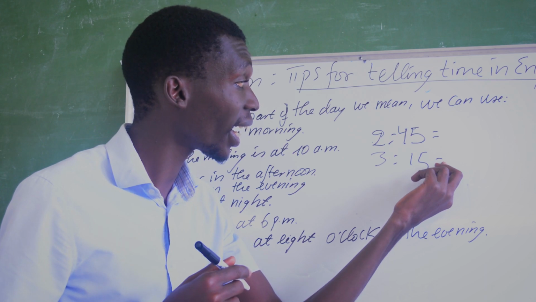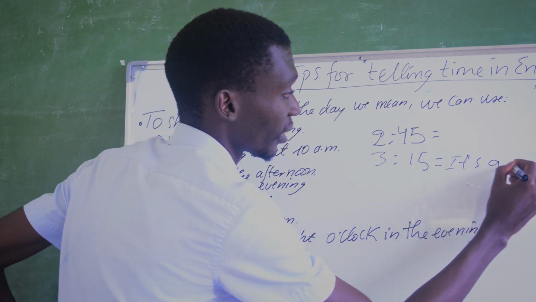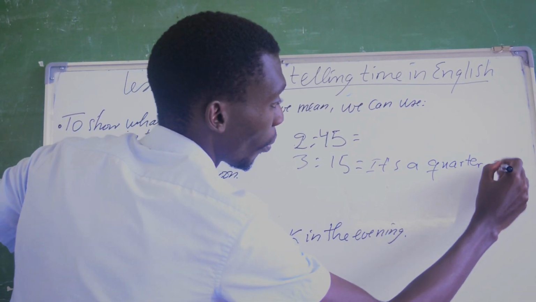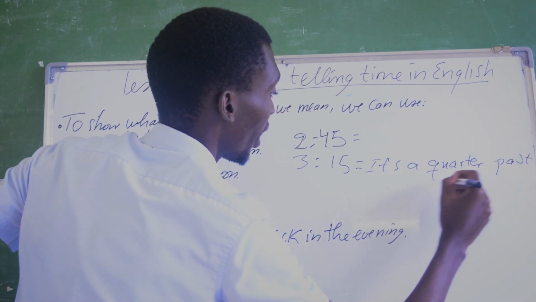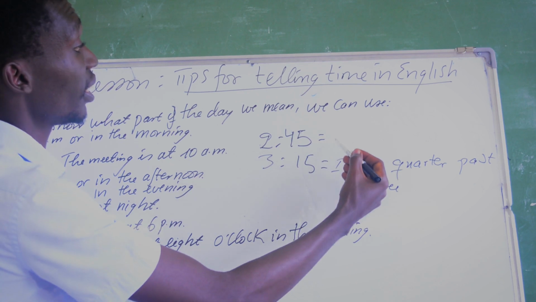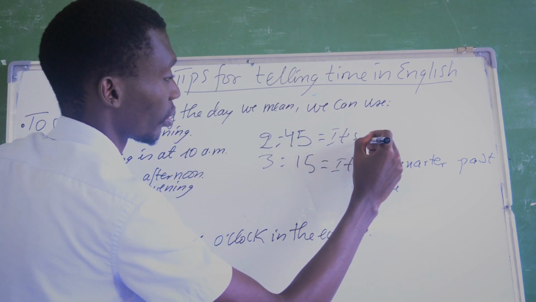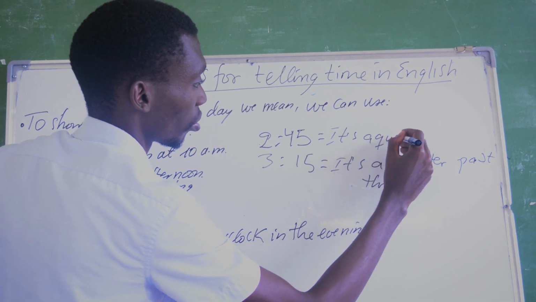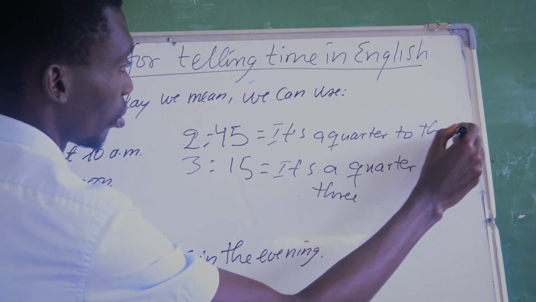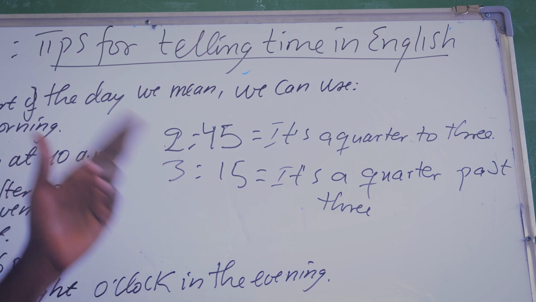Here, it's a quarter past 3. But here, it's a quarter to 3. Now, I think you can note the difference between these two expressions.